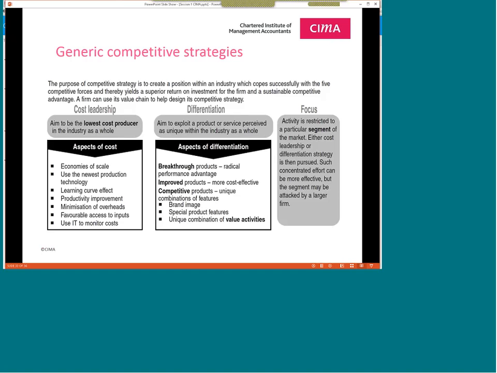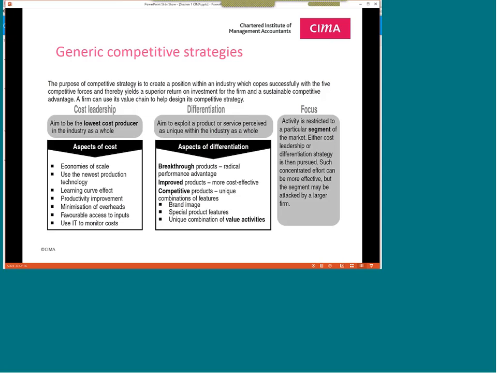So reason for buying your goods by customers, whether it's the cost or the differentiation. Yeah, very good. So he believes that organizations can achieve competitive advantage comparing to competitors either through cost leadership or through differentiation mainly. So these two main strategies. And a focus, of course, can be combination.